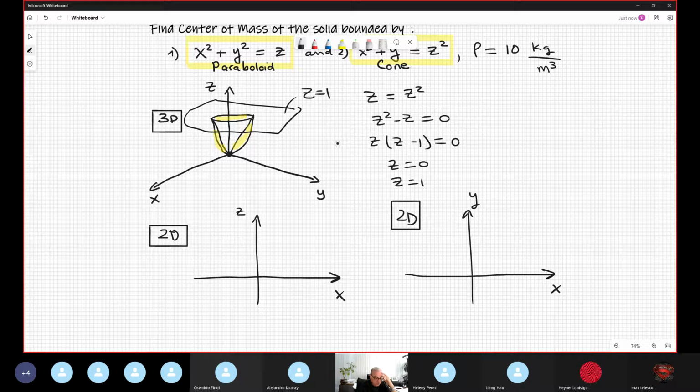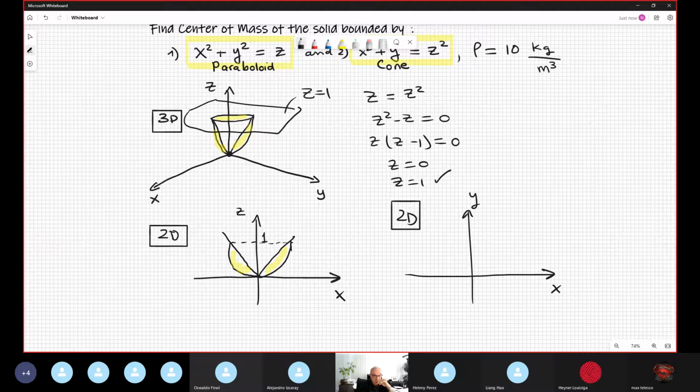And in the first 2D, we have a cone. We have a paraboloid, approximately, and this is my solid. I discover somehow that this level of the Z is 1. Look at that.